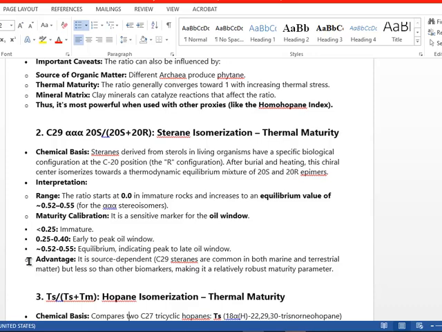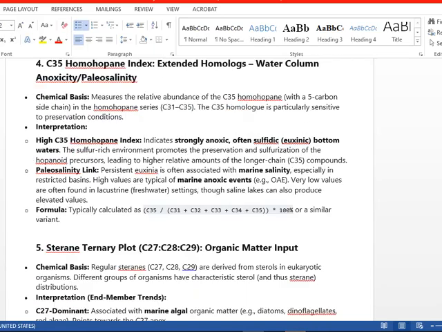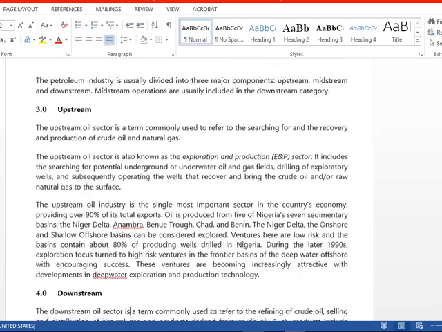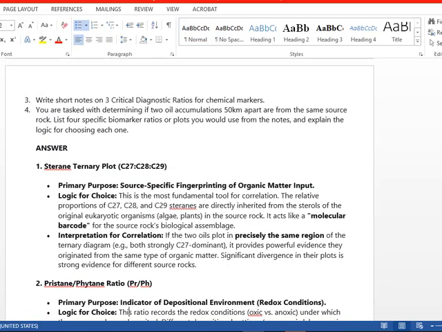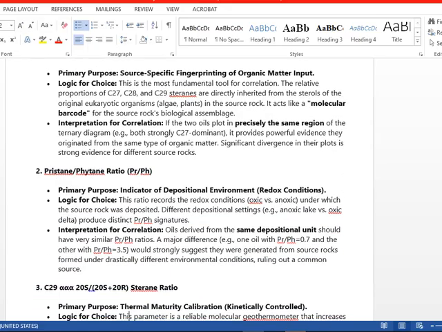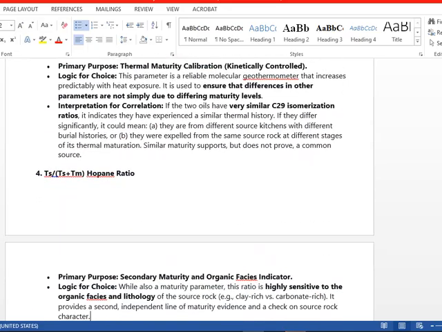It has reached its peak maturity at 0.5 to 0.55. So in your answer, you should also talk about how the maturity should be about the same. Remember, this is the third one now, the C29 sterane ratio.